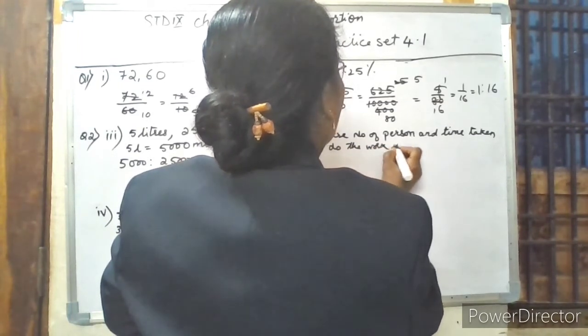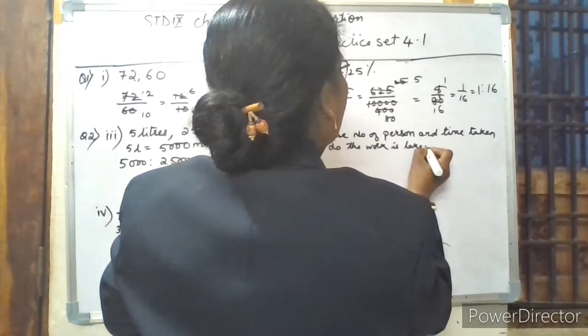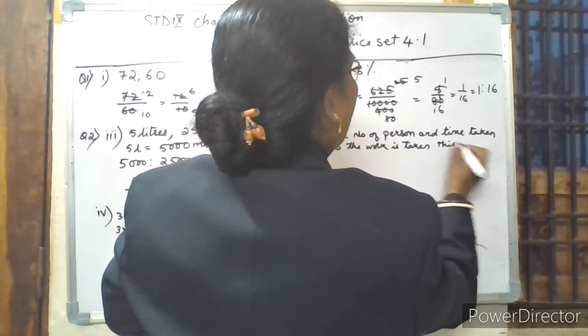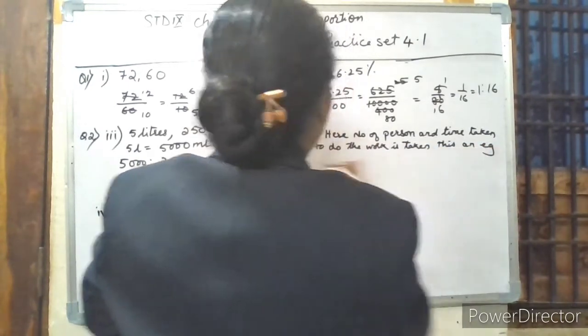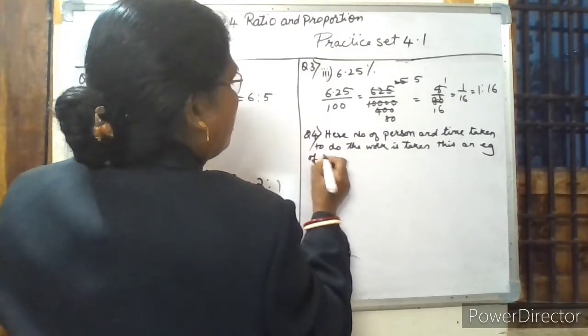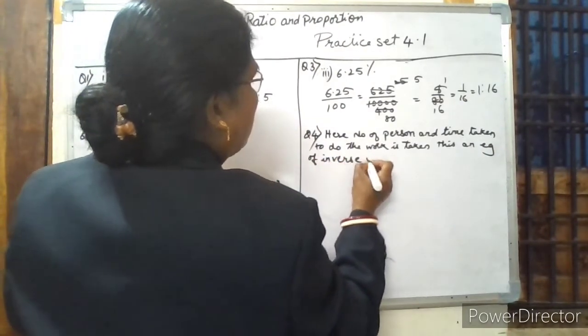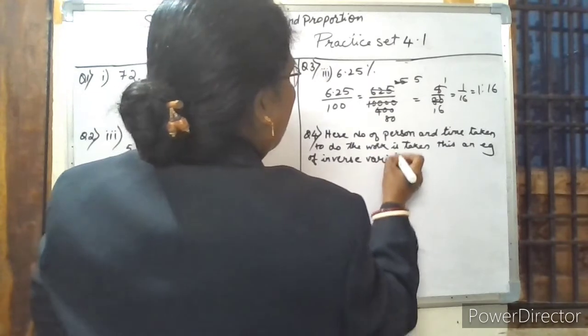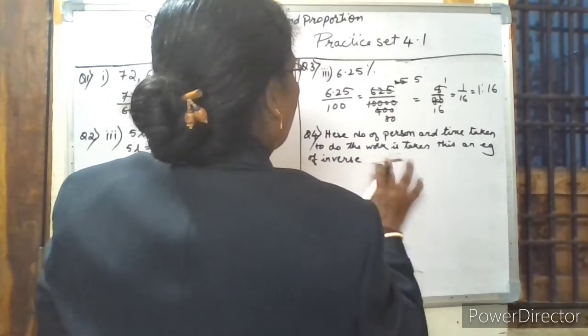So this is an example of inverse variation, or inverse proportion.